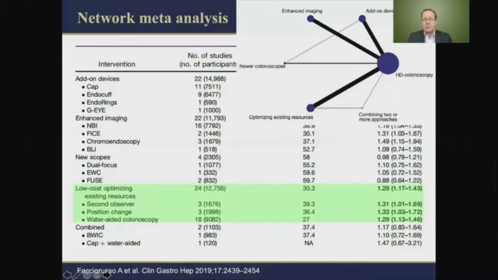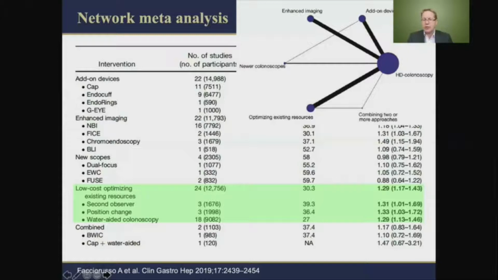changing position, maybe using water, having a second observer, sometimes even having a fellow in the room can support adenoma detection. These are odds ratios rather than risk ratios, and you can see that they're rather less than the 1.91 I just showed you from the educational bundle.